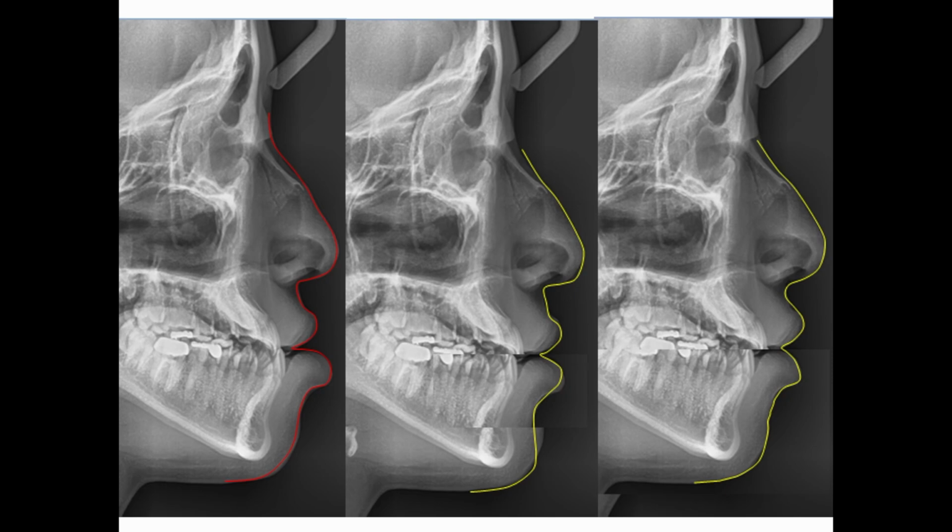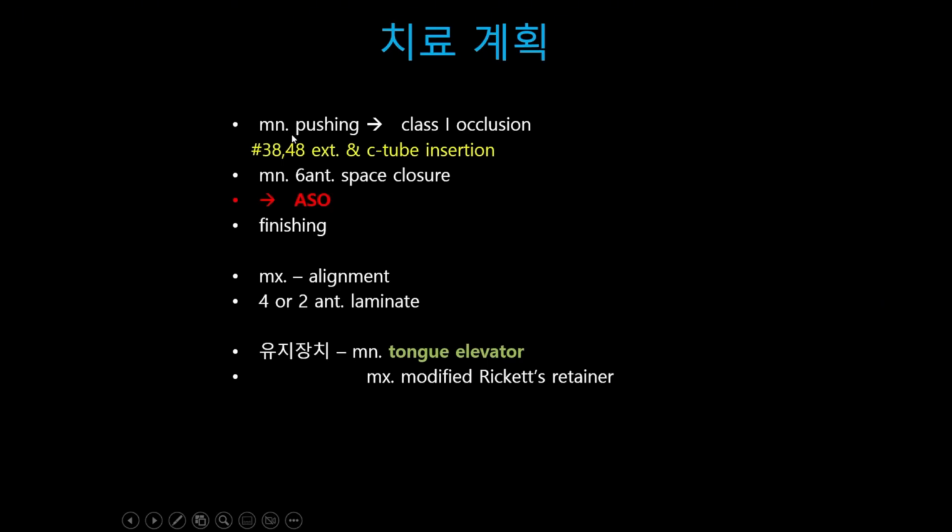So she explained to her patient about the two-jaw surgery also. So this is two-jaw surgery demonstrate. So she sat with patient about treatment plan.